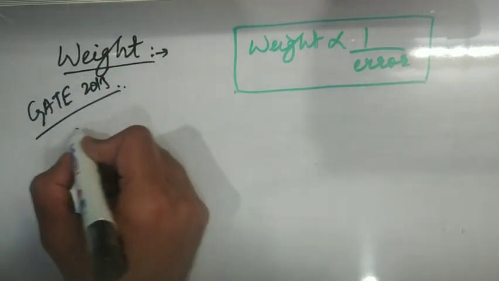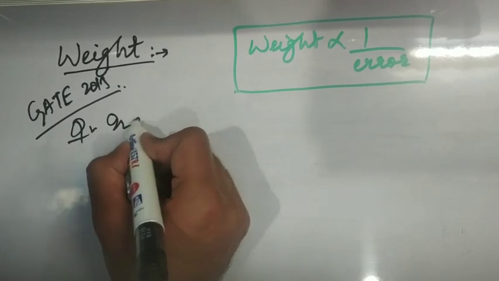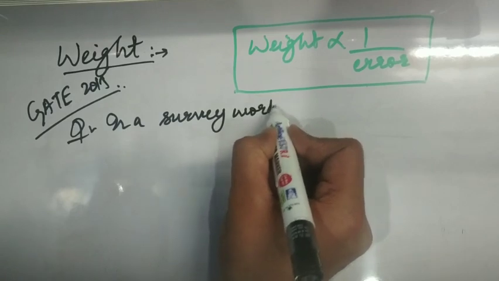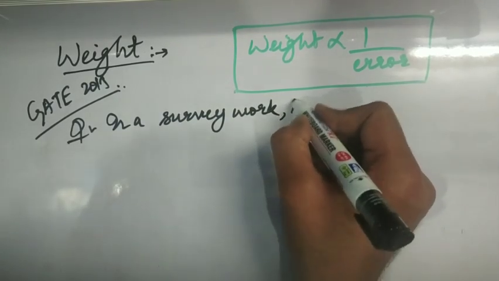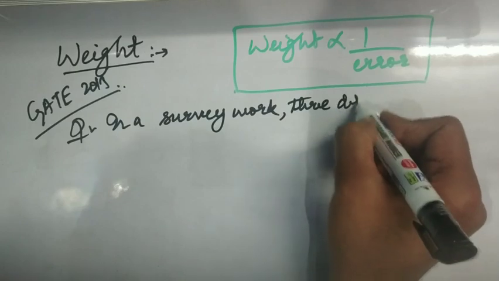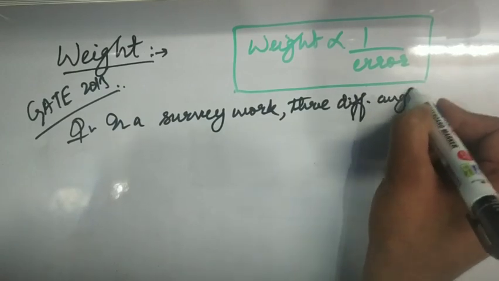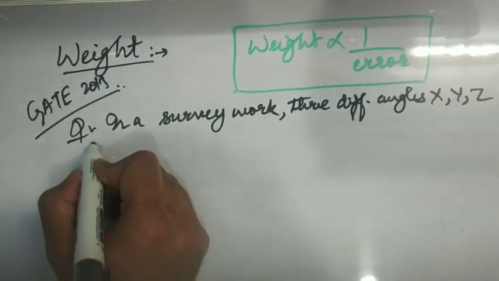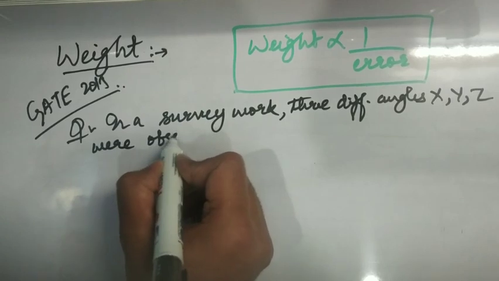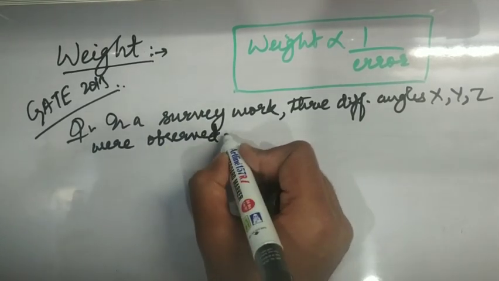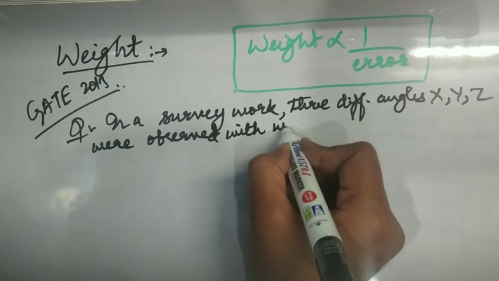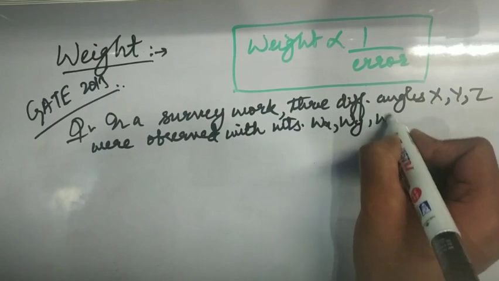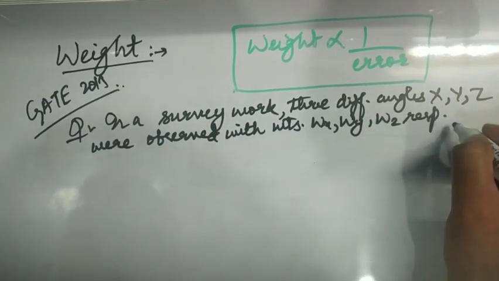The numerical says, in a survey work three different angles X, Y, Z were observed with weights WX, WY, WZ respectively.